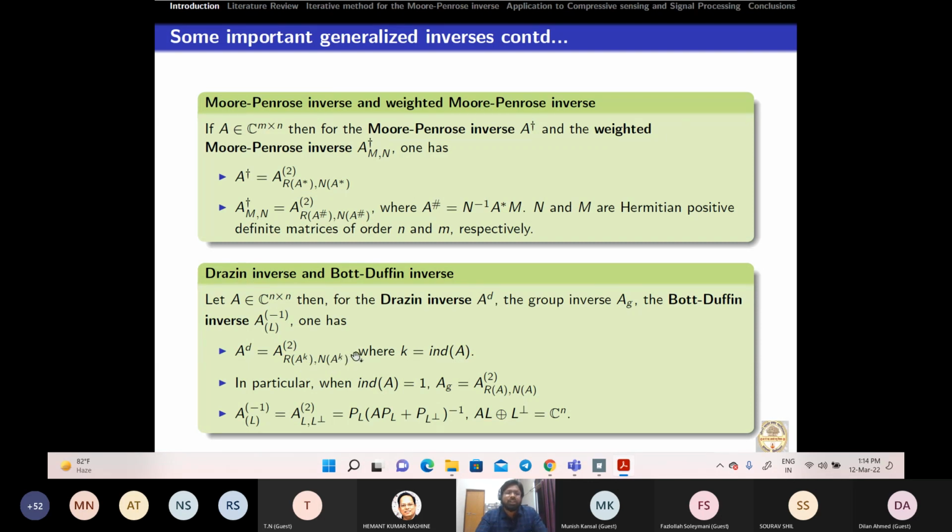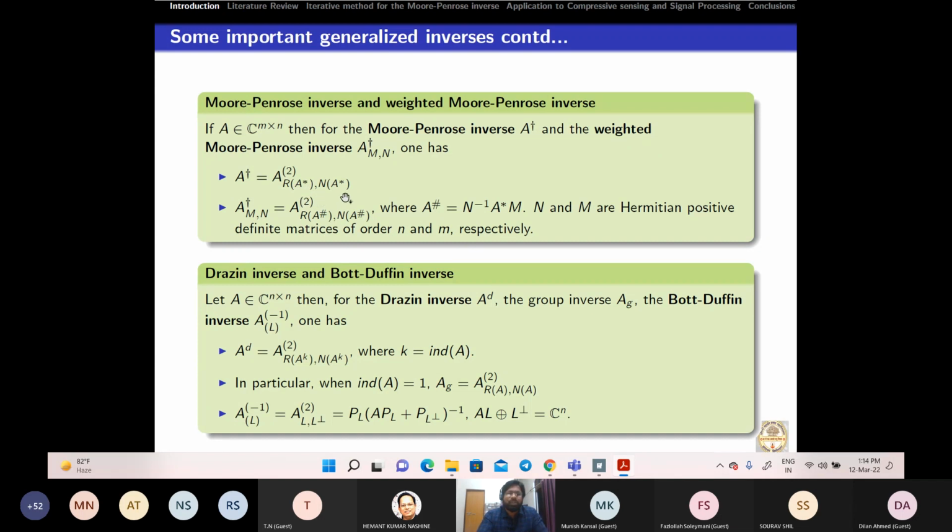So what happens is that we are trying to develop a method for A_{T,S}, and for different choices of subspaces T and S, we can get methods for different kinds of inverse. With just one method for outer inverse, you can develop several iterative methods for several kinds of generalized inverses, just with different choices of T and S.